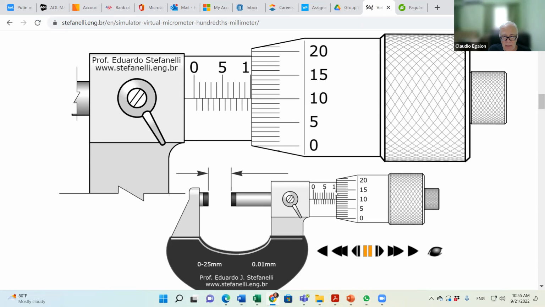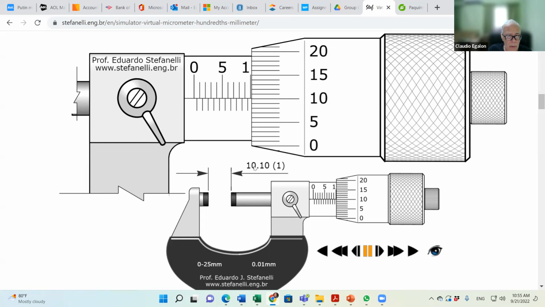So in this specific case, how are you going to report? You're going to report 10.10 millimeters. You can see here, 10.10 millimeters, that's the result of the measurement. Notice that it's reporting only up to the second decimal place in millimeters. And in this case, how many significant figures are we going to have?